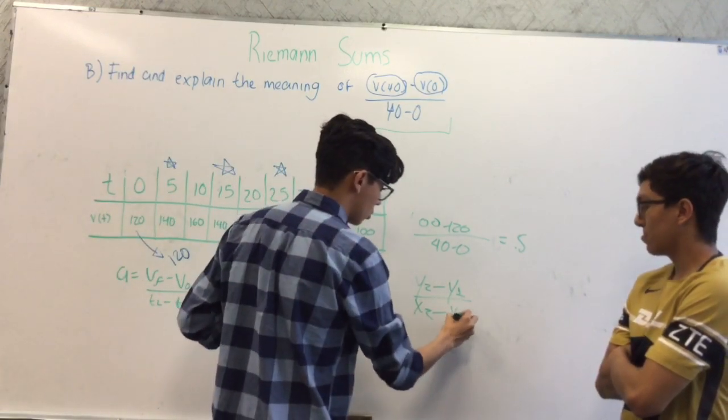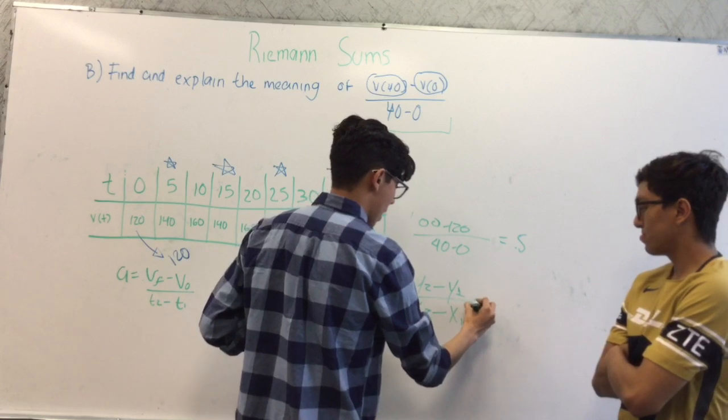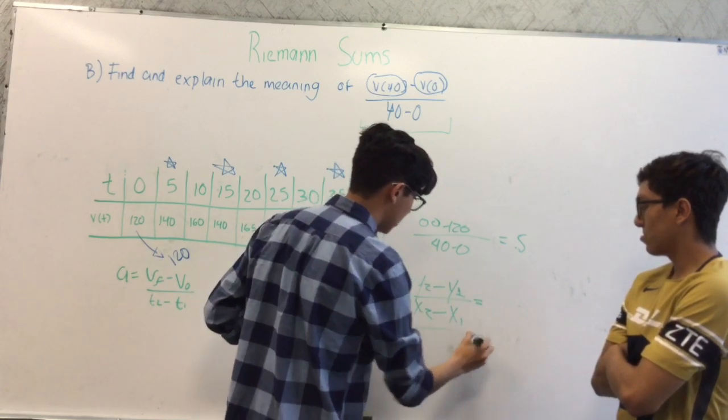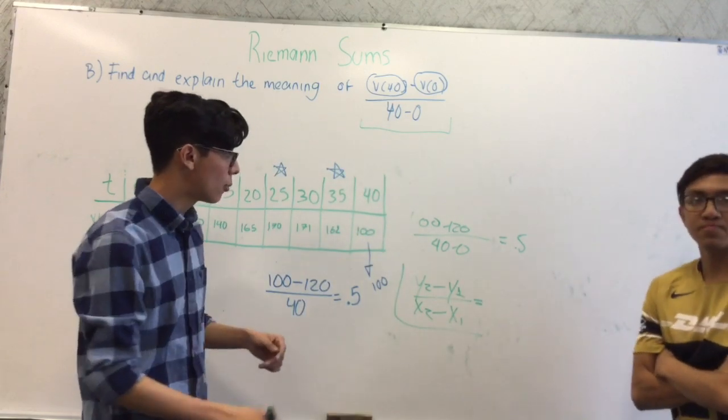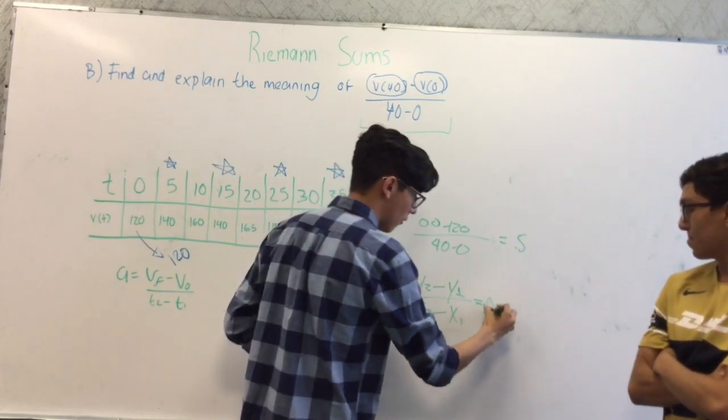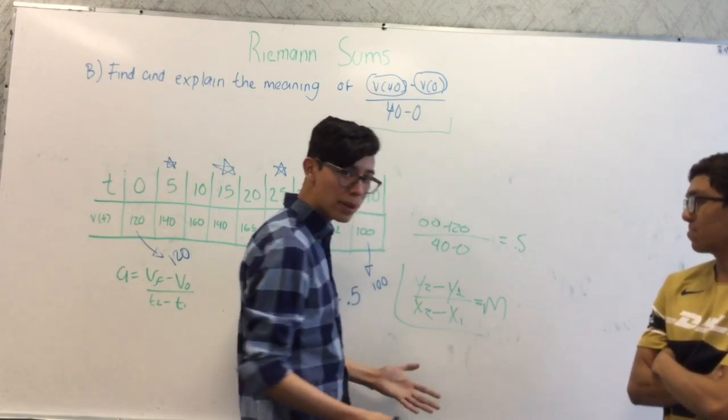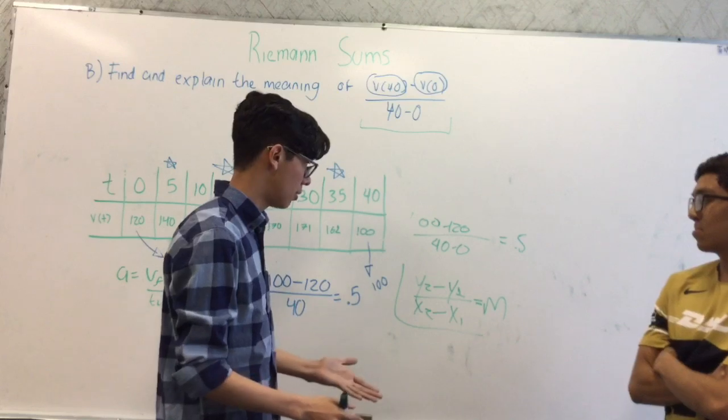We're going to call it x1, and as you can see, this formula right here is the formula to get the slope of a function, and the slope is the derivative of a function.